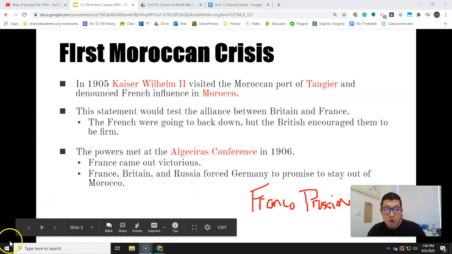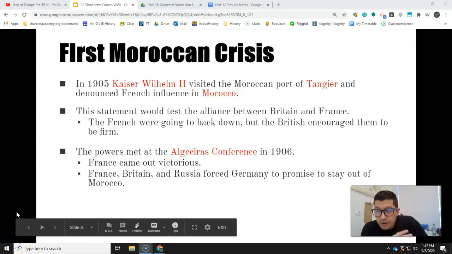The Germans knew that they could beat the French in a war because they had already done it, in 1870. And the French knew that the Germans could beat them in a war because they had already done it. So when the Germans flex their muscles towards France, France gets a little bit intimidated. So when the Germans go into Morocco, the French were going to back down.